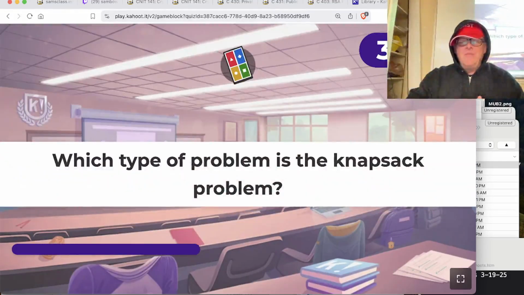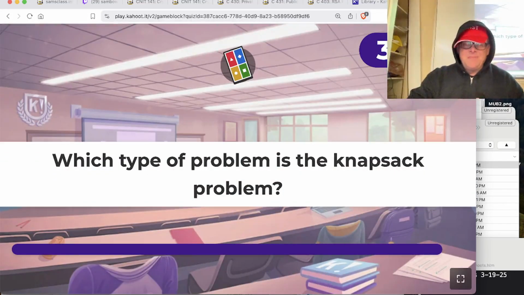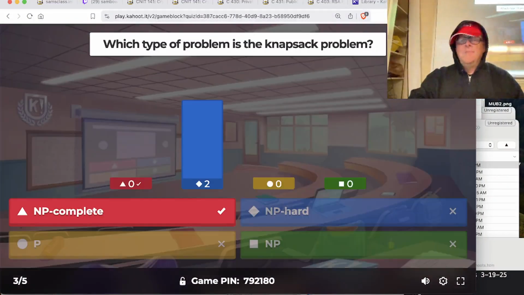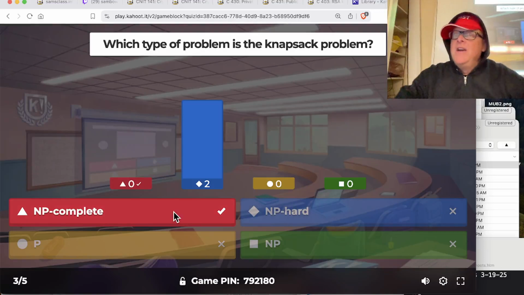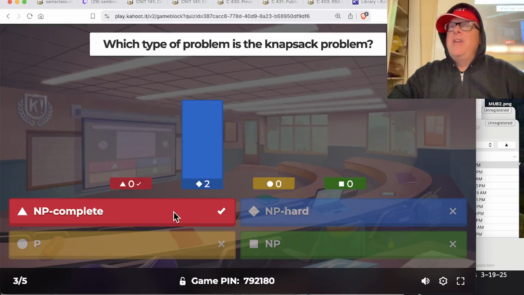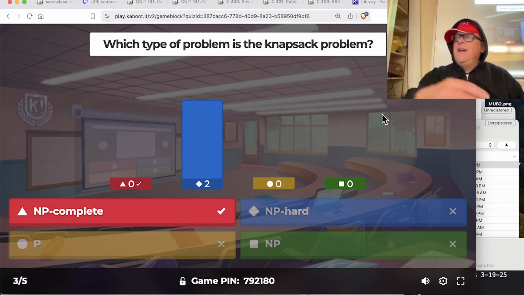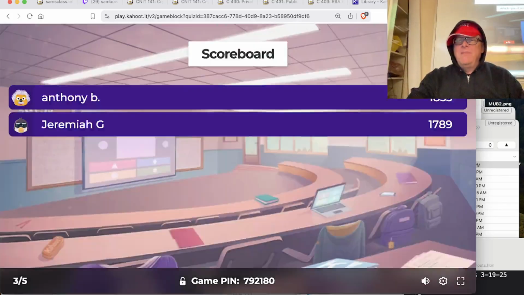All right, which one is the knapsack problem? NP complete, not NP hard. NP complete are the hardest problems in NP. The NP hard ones are even harder, and they think maybe they're not even in NP. So these are the hardest ones in NP: the knapsack problem, the traveling salesman problem, and so on.